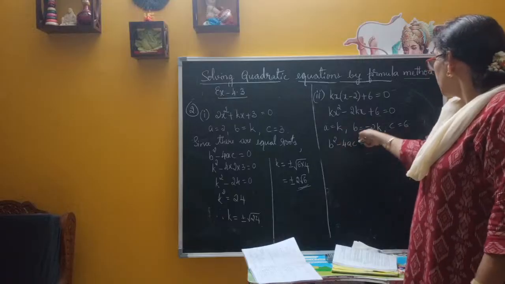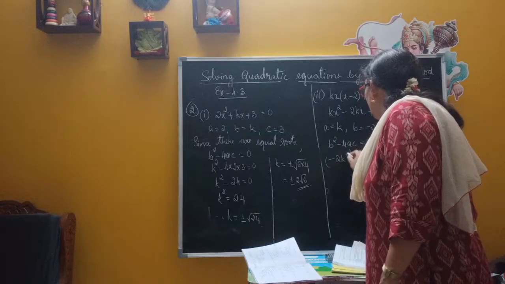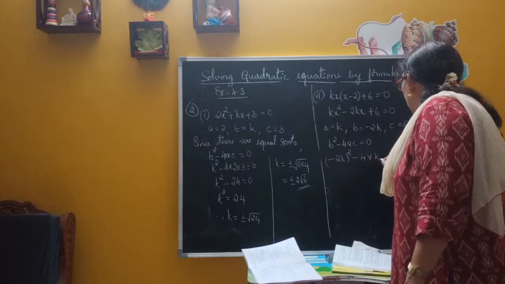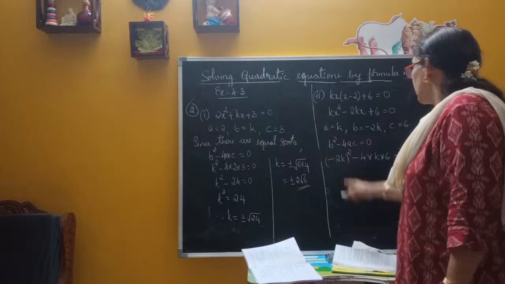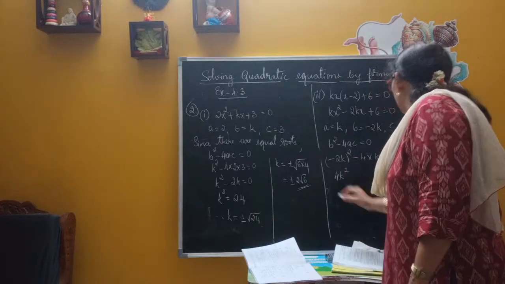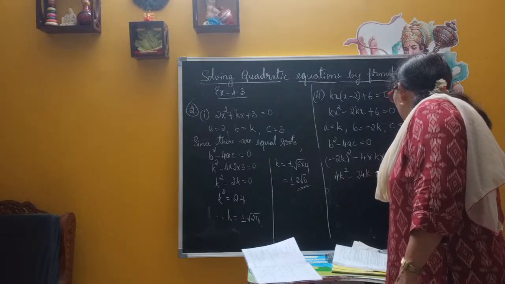Okay, so substitute these values. Minus 2k whole square minus 4ac, that is 4 into k into 6, is equal to 0. So minus 2 square is plus 4, k square minus 4 sixes are 24, k is equal to 0.